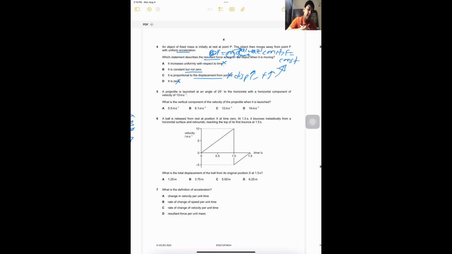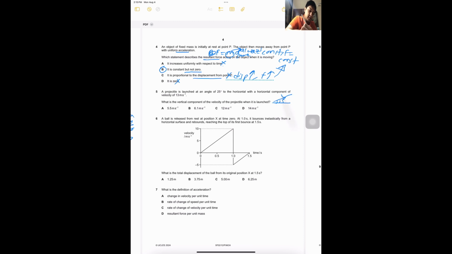So answer is B. A projectile is launched at an angle of 25 degrees to the horizontal with a horizontal component of velocity of 13 meters per second. So this is the motion at 25 degrees going with a velocity v, and the horizontal component is 13. So what is the vertical? We first need to find out v.